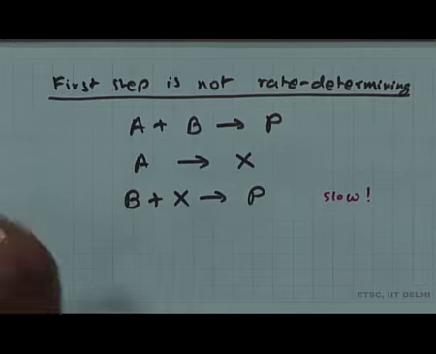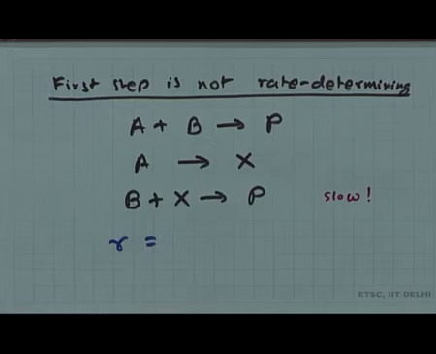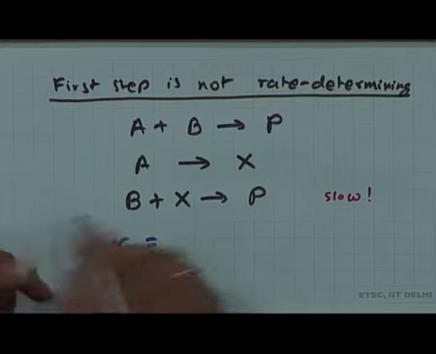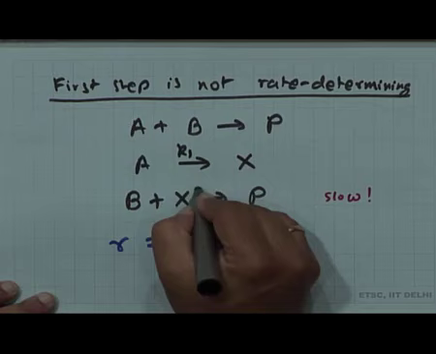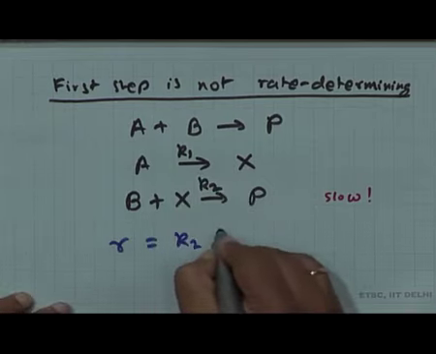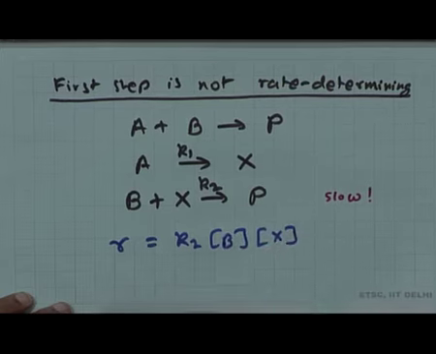If that is the case, then my proposed rate law becomes R is equal to K2 times the concentration of B times the concentration of X.